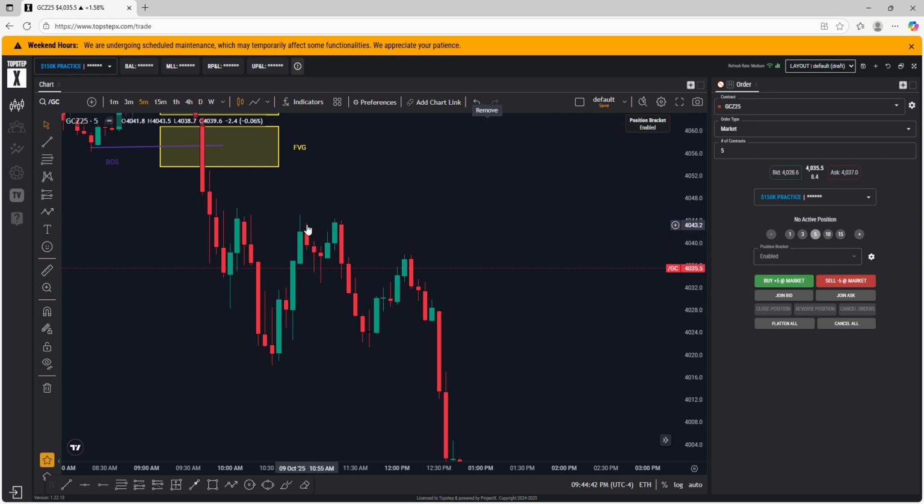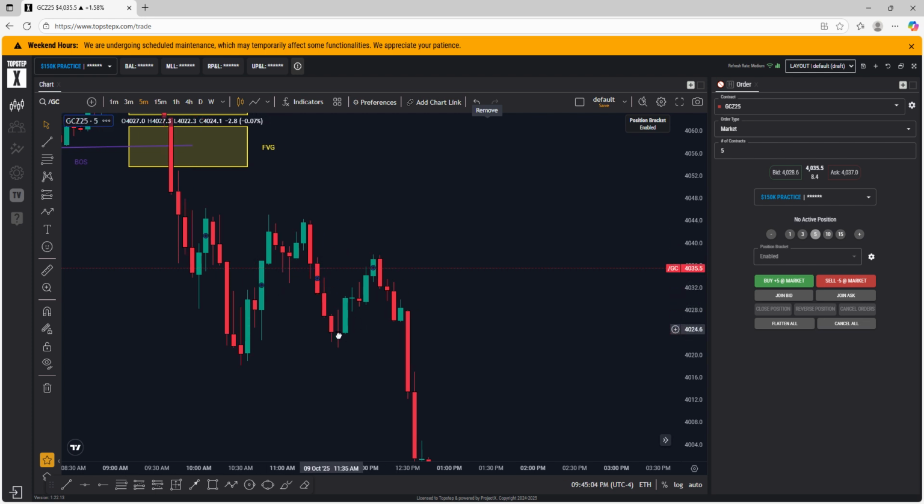I get a high, I get a low. I get a high, and I'm seeing something a little bit fishy. Don't know what's going on here. Then I get a low that breaks through this low. This low is lower than this low. Okay, cool. So now I can draw my fib.